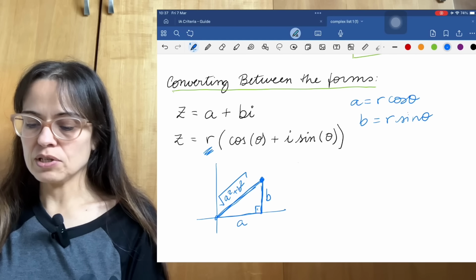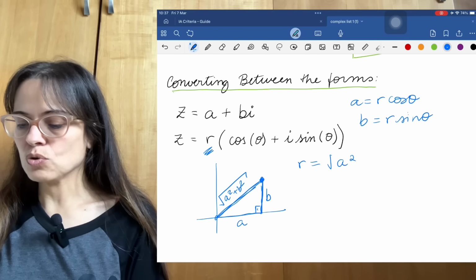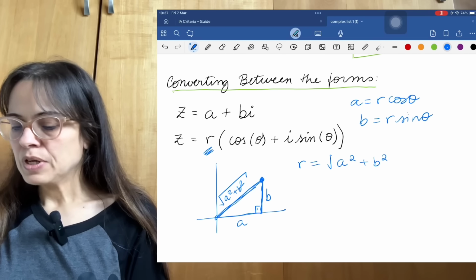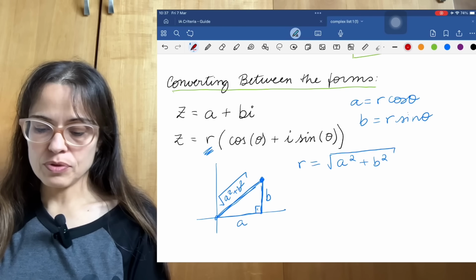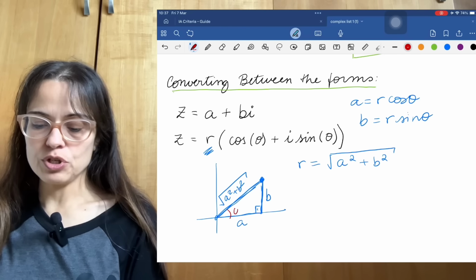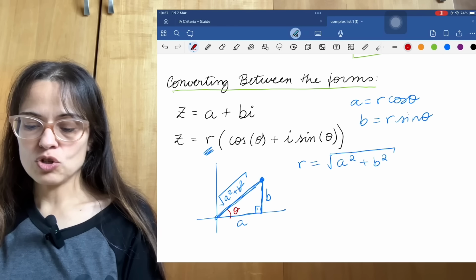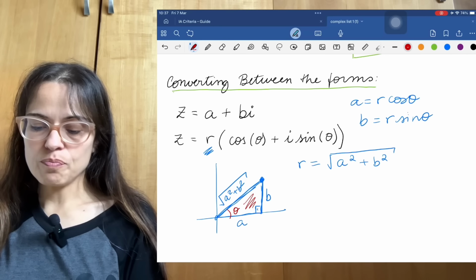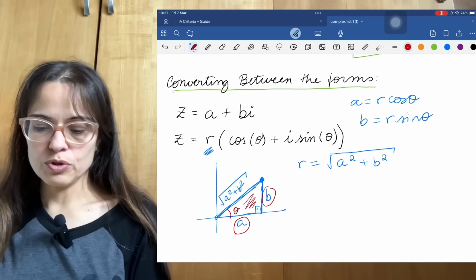So what we have just learned here is that R is equal to the square root of A squared plus B squared. This might come in handy in some situations. And what about the theta, the argument, which is right here? Well, you can continue to look at this right triangle here. And then you have B and A. Which of the trigonometric ratios are you going to look at?